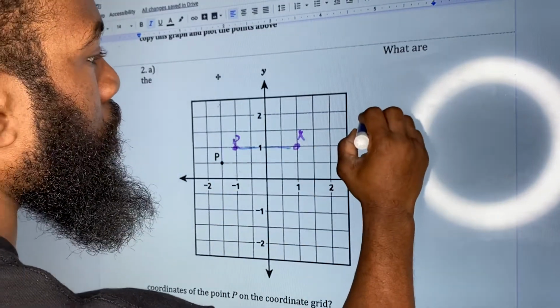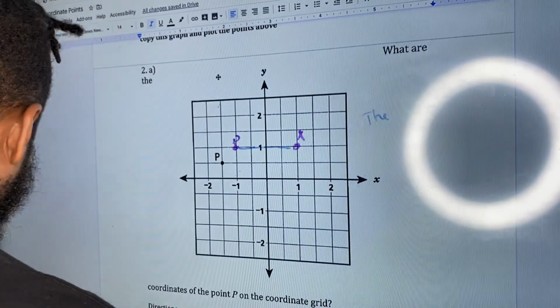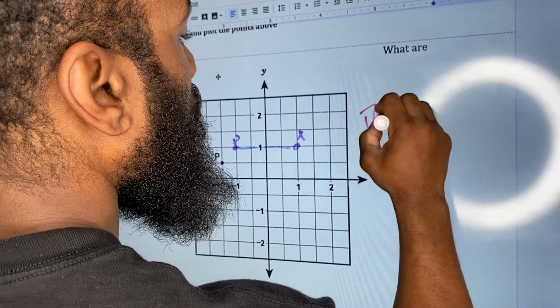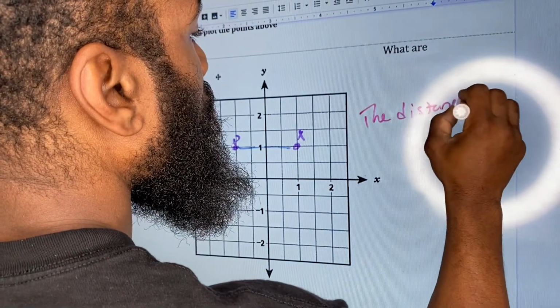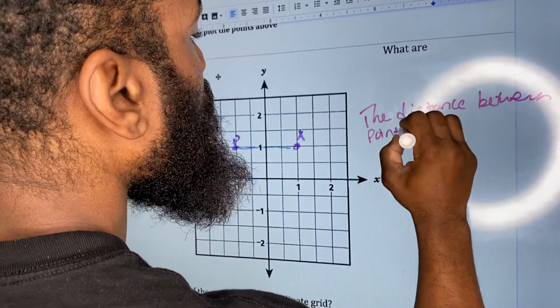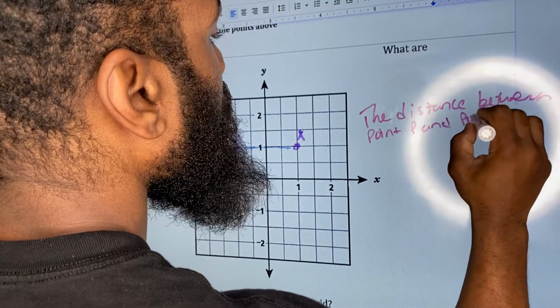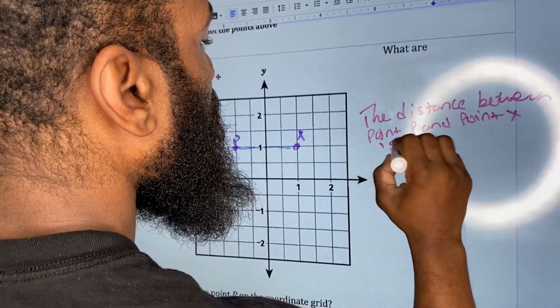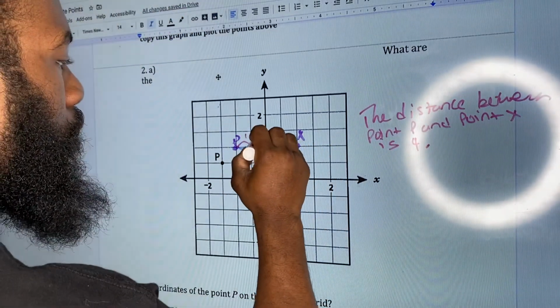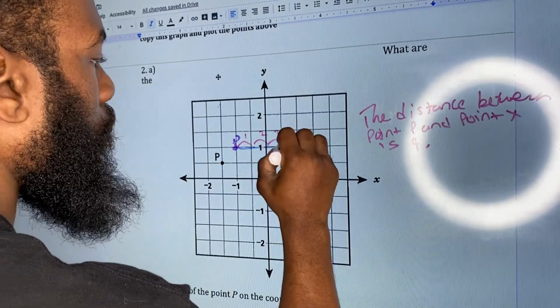So the distance between point P and point X is 4. Right? 1, 2, 3, 4.